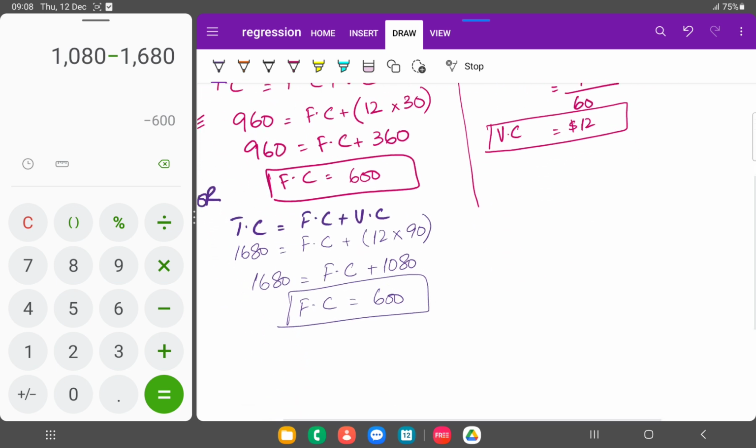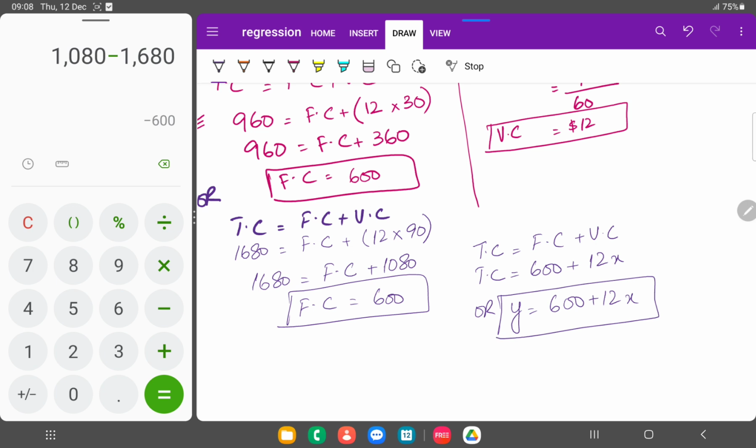So what is the equation of total cost? Total cost equals fixed cost plus variable cost. We can write it as total cost equals 600 plus 12x, or y equals 600 plus 12x, where y represents the total cost.